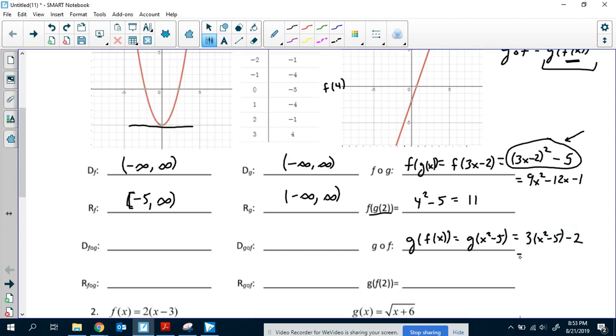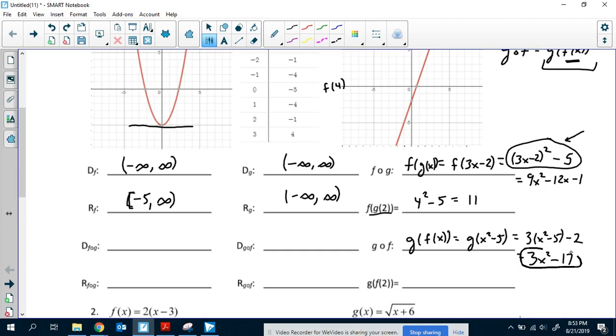It's definitely easier to continue simplifying this. This will end up being 3x squared minus 15 minus 2, which is the same thing as 3x squared minus 17.